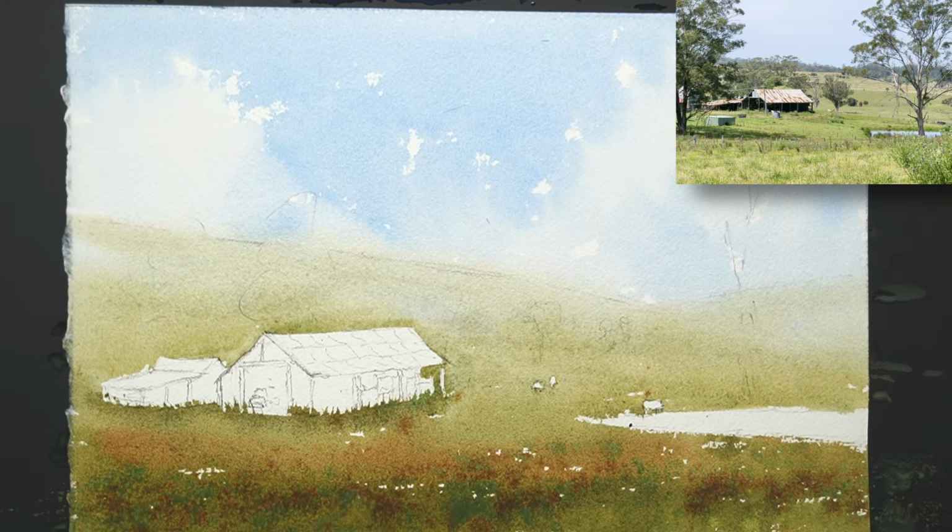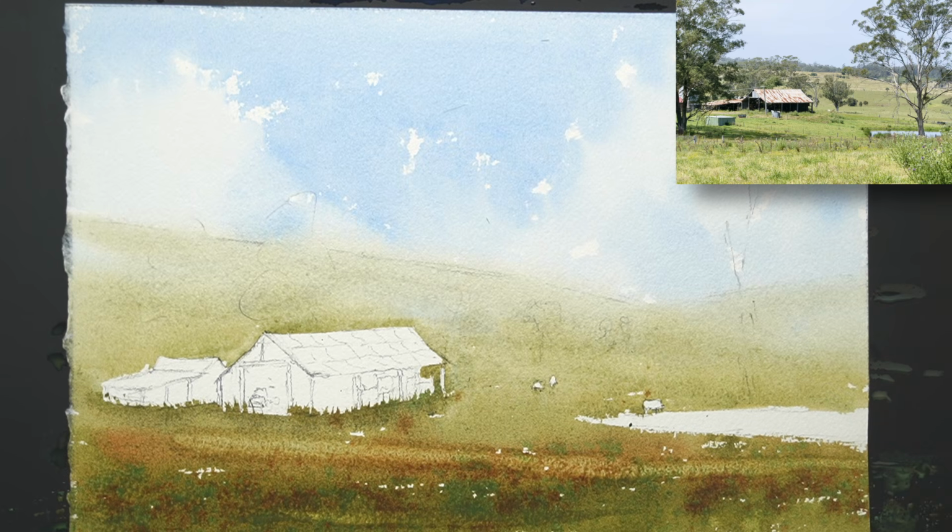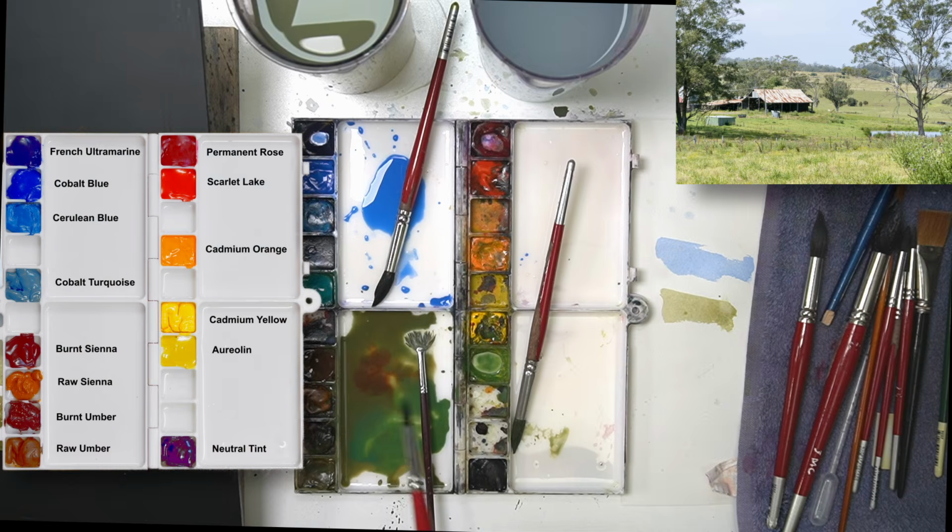That's telling me the paper is just damp. It's not overloaded with water. So if I get my brush and probably about 90% full of water, I can run that along here. So that just mimics a cattle track or a sheep track in the grass.